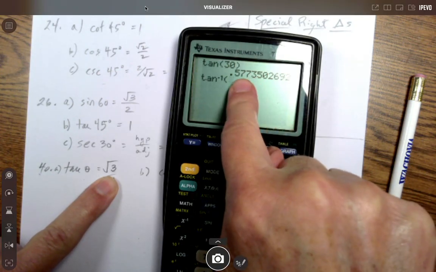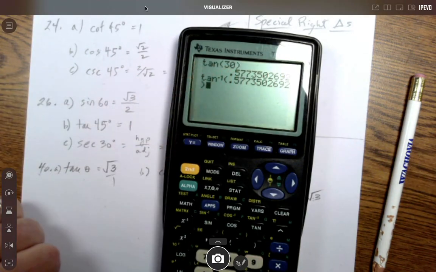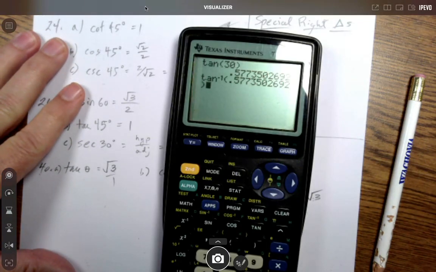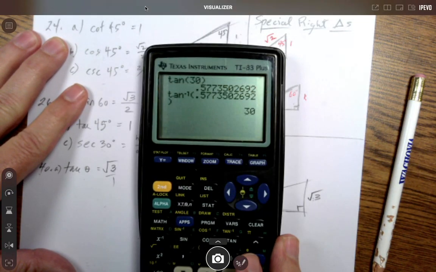The input is that, like 0.5773502692. The output is what we input, so it should come out to 30. Now, it's not going to come out to exactly 30 because this is rounded, but it should be close to, oh, there it is, 30.